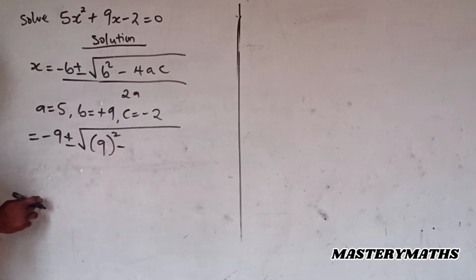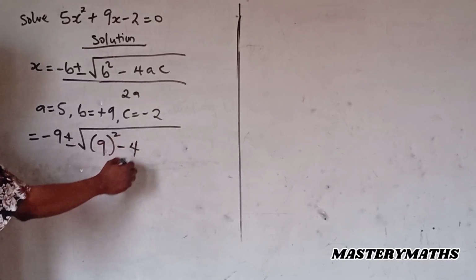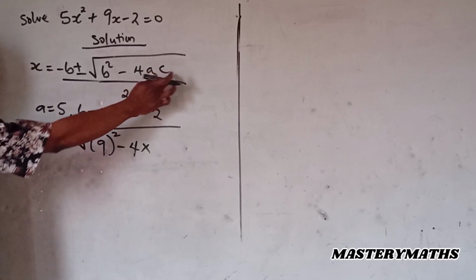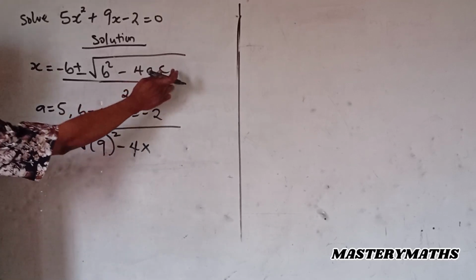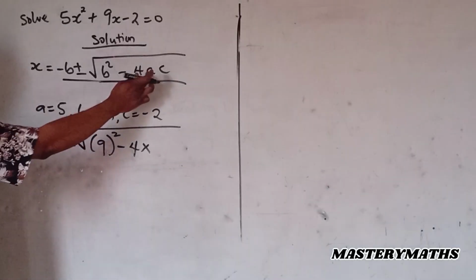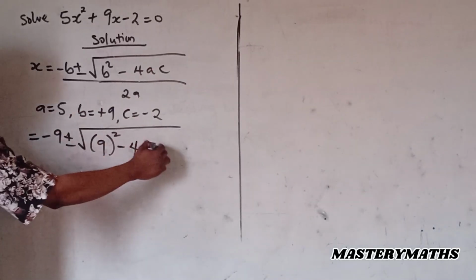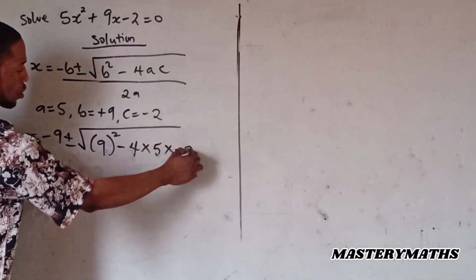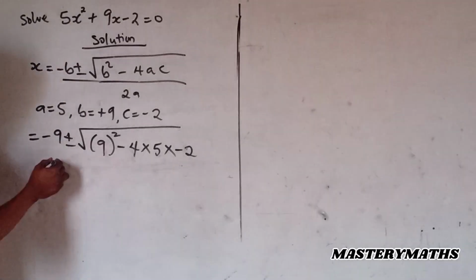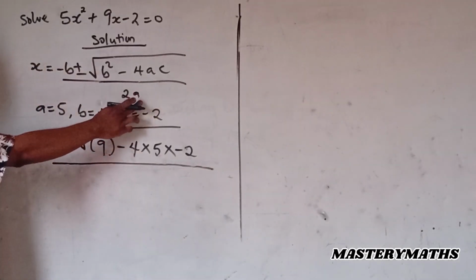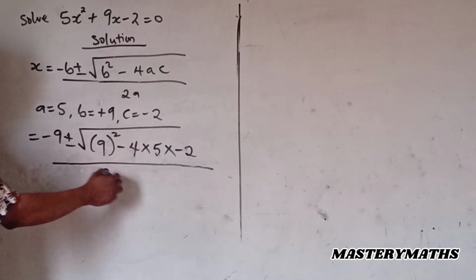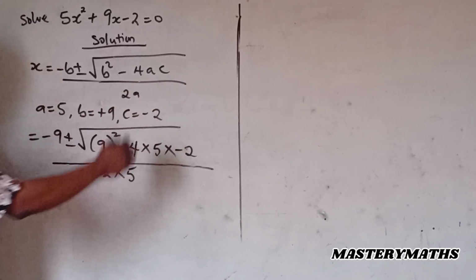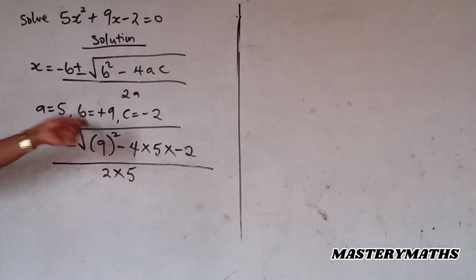You have your minus 4 times a times c. So your a is 5, times your c, which is minus 2. Then you have all over 2a. 2a means 2 times a, which is 2 times 5. Now all the formula has been substituted.